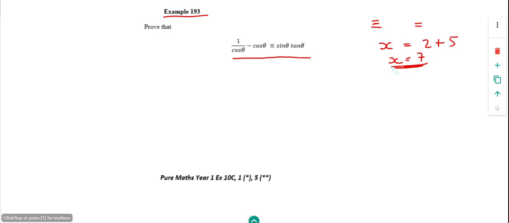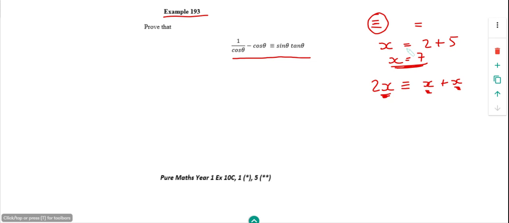Whereas if we look at the identity symbol, if we say 2x is equal to x plus x, then that is true for all values of x. Whatever value I substitute in for the x's, this still holds true.